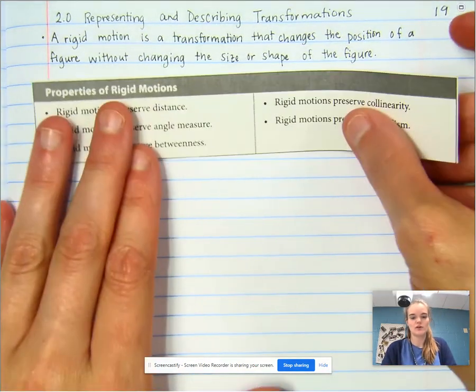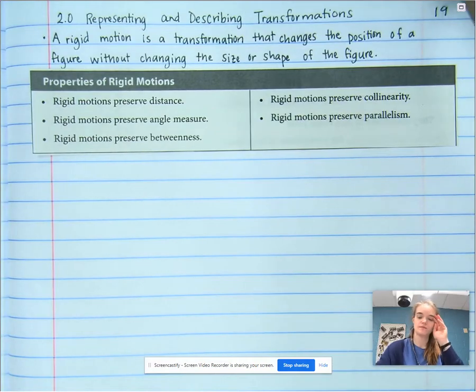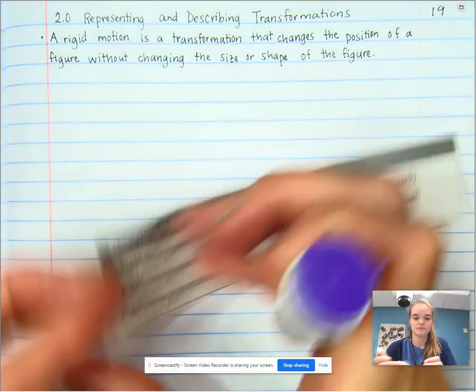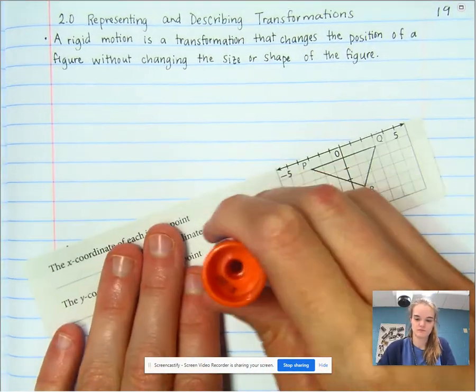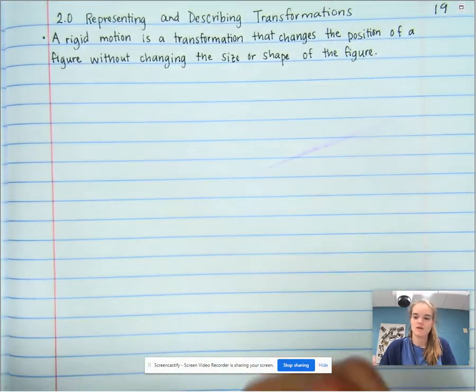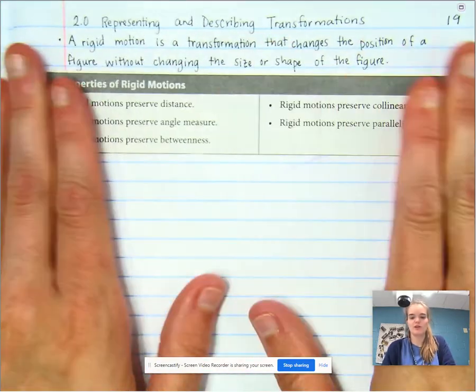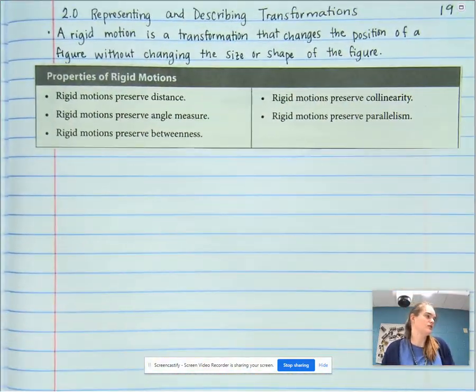Cut this off of 33 and glue it in right here. Remember that I kind of move kind of fast in the video because you have the ability to pause it. Okay, so I just keep going.